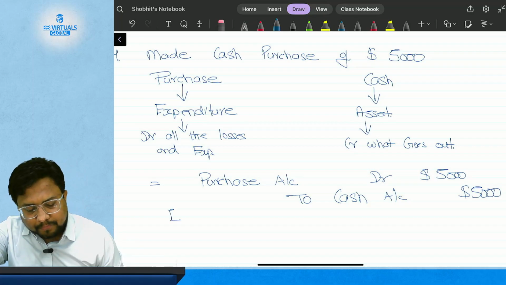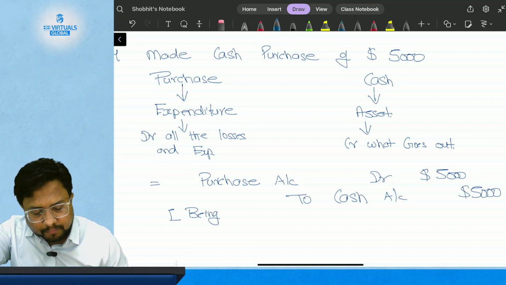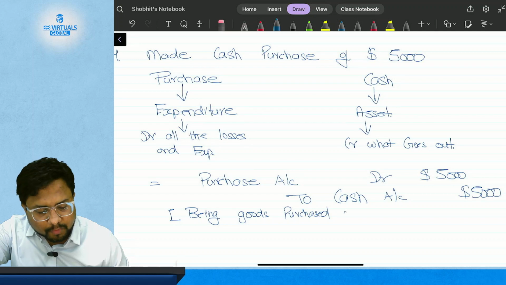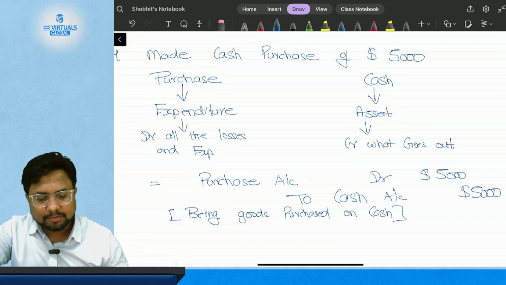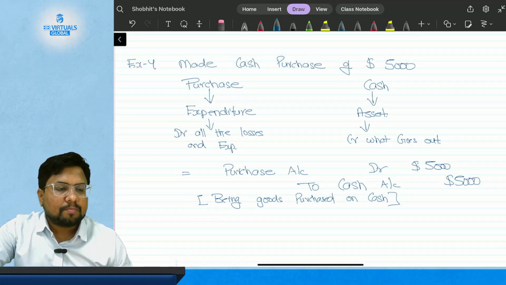And my narration will be being goods purchased on cash. So this will be my illustration 4 regarding cash purchase.